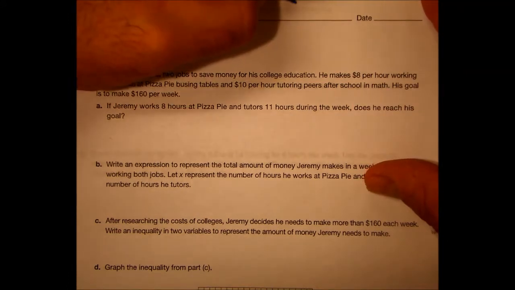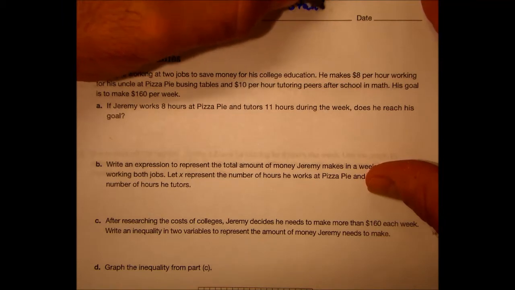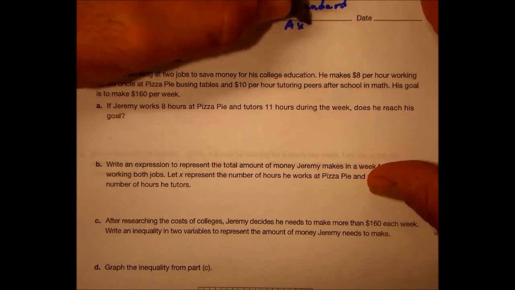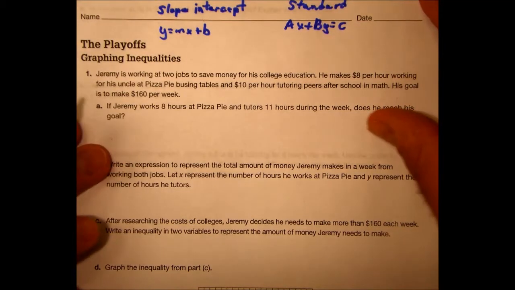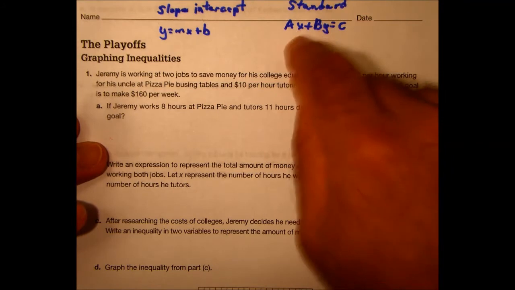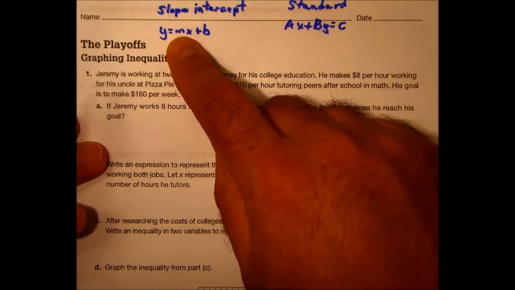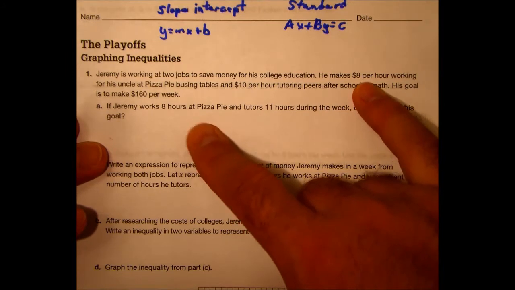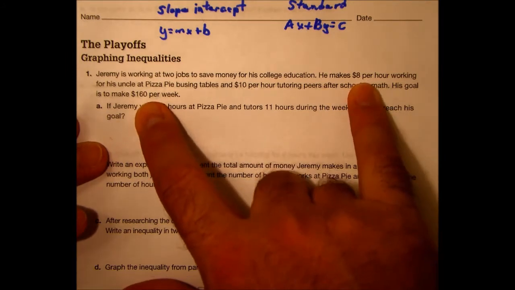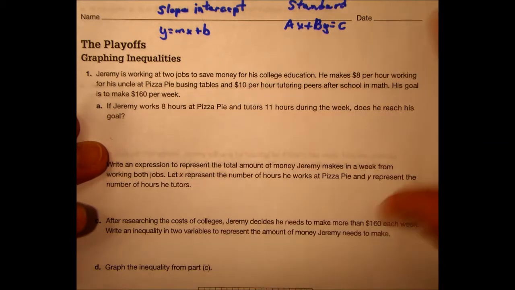Or we're going to write it in standard form, which is ax plus by equals c. Hopefully you remember that standard form has 2 rates of change. Slope-intercept only has 1. Well, here we have 2 rates of change, $8 per hour and $10 per hour.